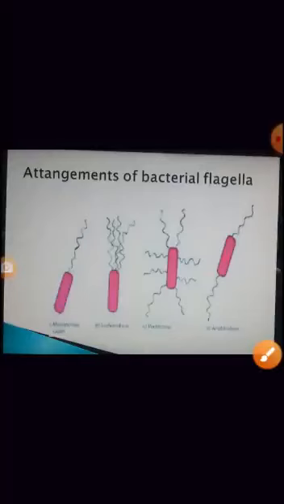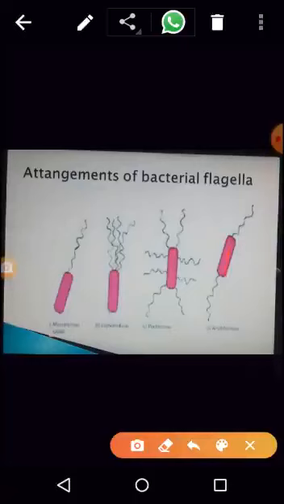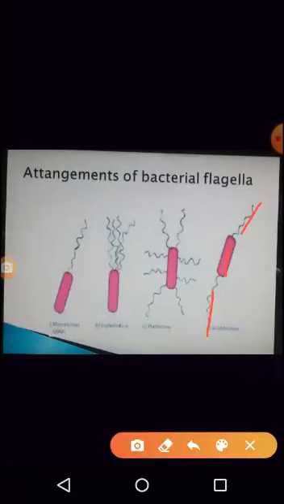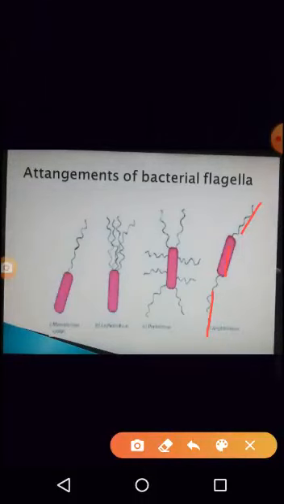If the bacteria has one flagella on either side, at either polar end, or tufts of flagella on either side of the polar ends, then it is called amphitrichous. Example for that is Spirillum serpens.